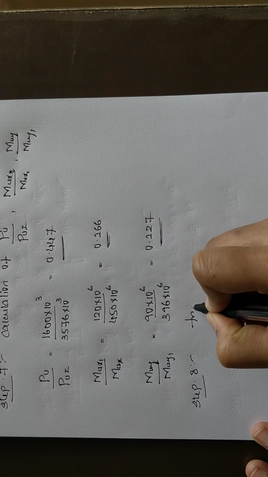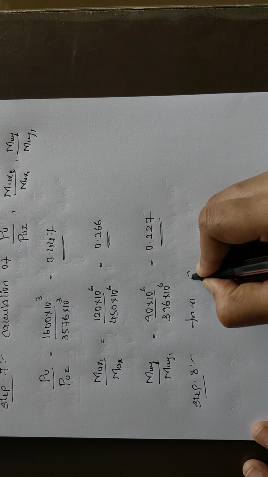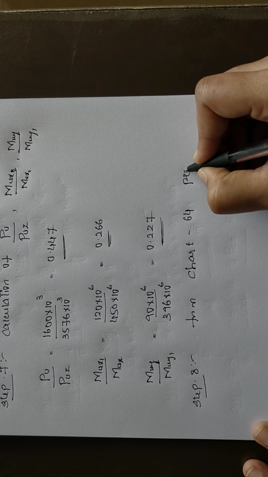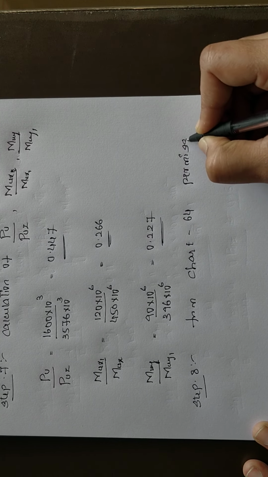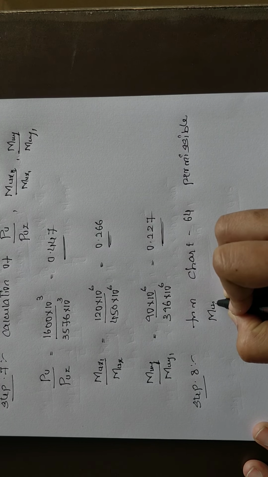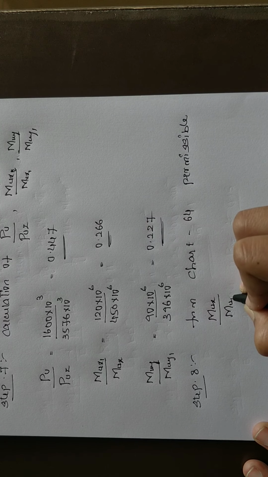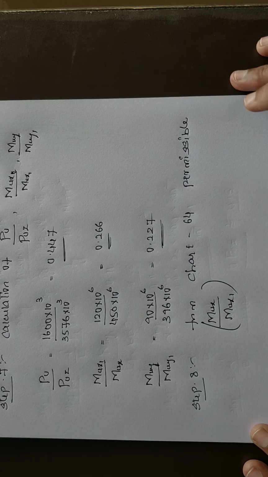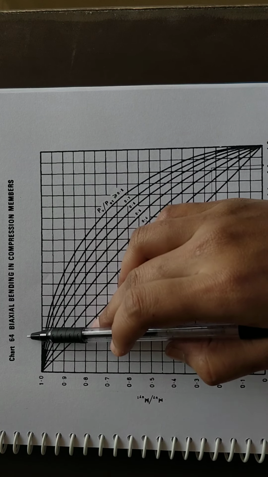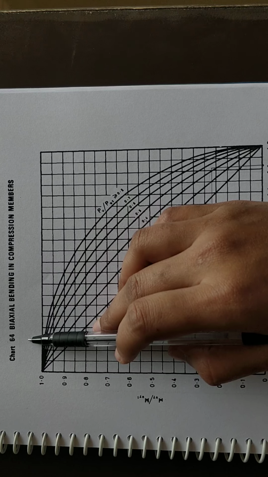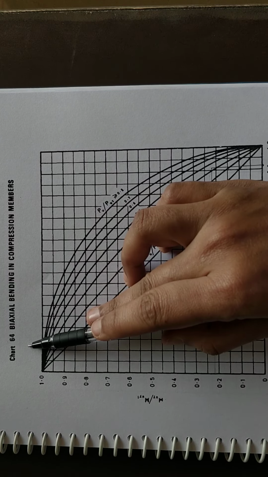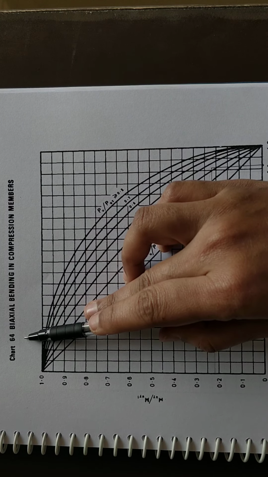Next step, that is step number 8. From chart 64 of SP16, calculate the permissible MUX divided by MUX1. See, this is chart 64. In order to calculate the permissible MUX by MUX1, this is the chart you are using, chart 64 of SP16.